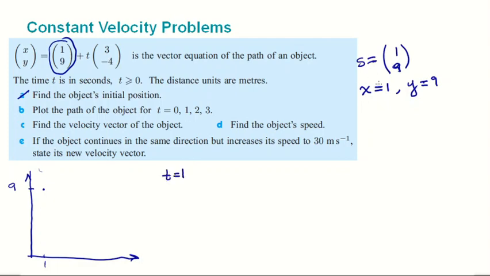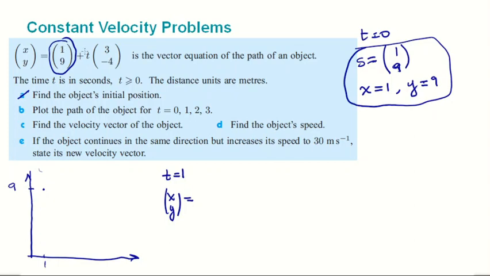So we can actually just calculate, for example, for t equals 1. For time equals 0, it's this. What about when time equals 1? So I'm going to have x, y: 1 plus 3 is 4. Remember, t is 1.